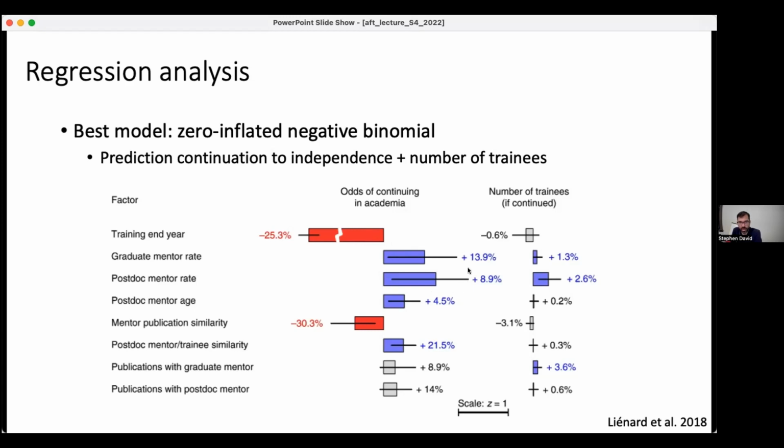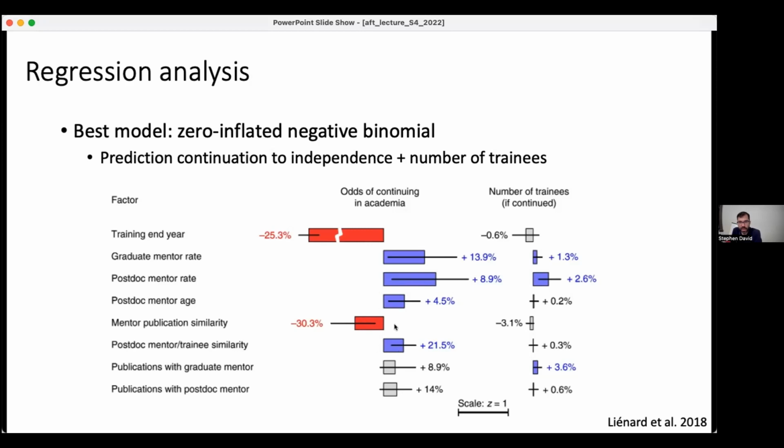Here also, the graduate and postdoctoral proliferation rates, or mentor rates, meaning how many other trainees they tend to have, have a positive impact on careers. So those big labs, big research groups, tend to beget successful researchers.